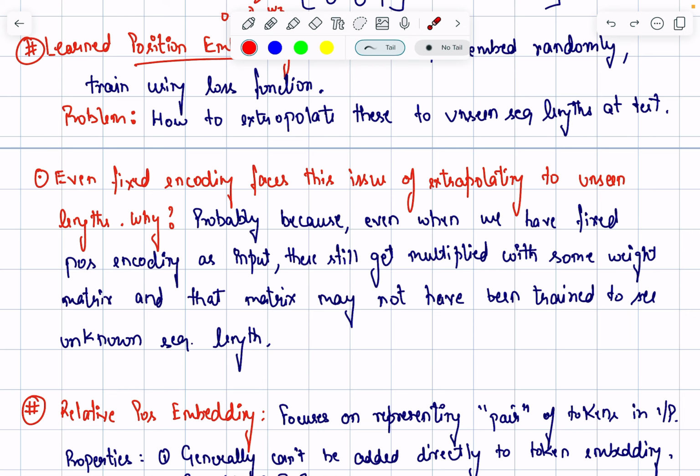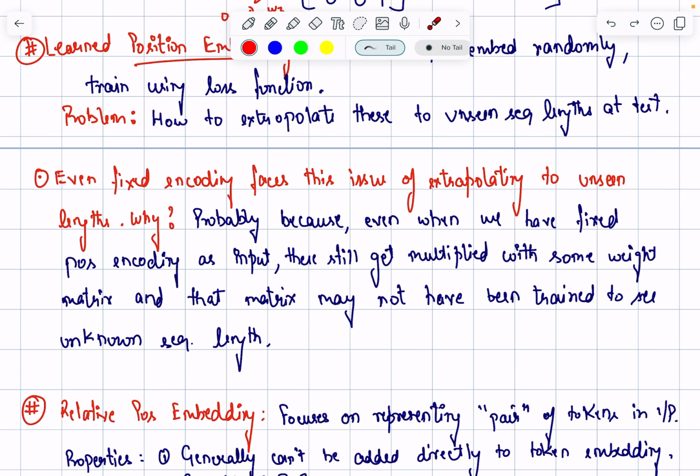So essentially, if during training you saw a sequence length n equal to 512, and at test time the sequence length is, let's say, 513, even one increase in the sequence length, then you do not have an extra vector which was trained during the training phase, so you cannot use it.